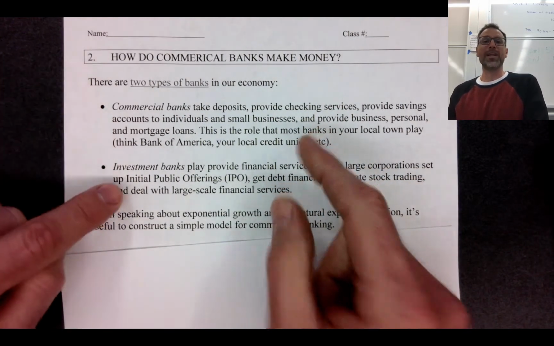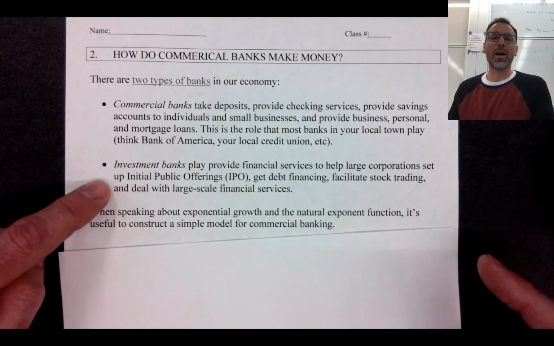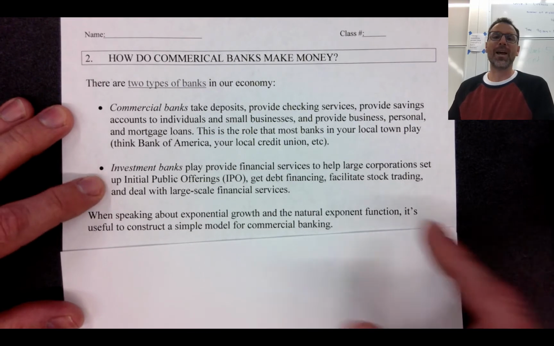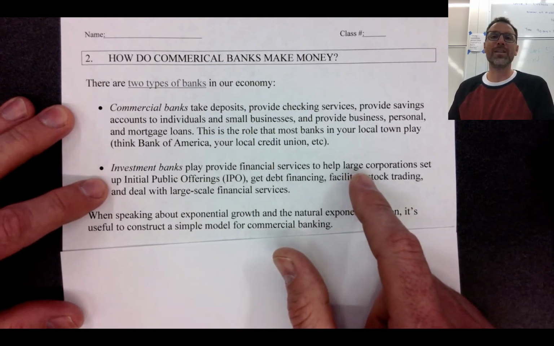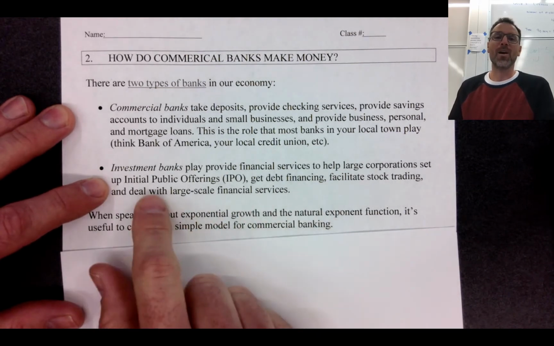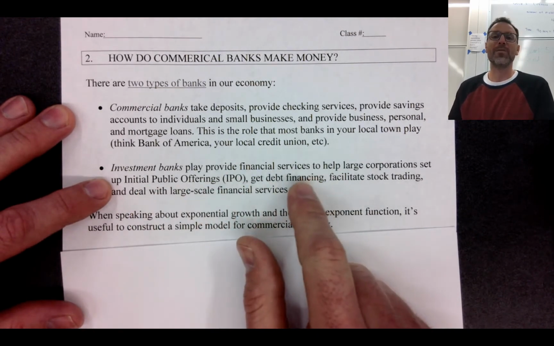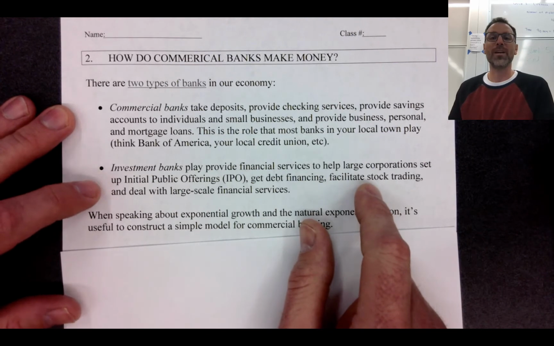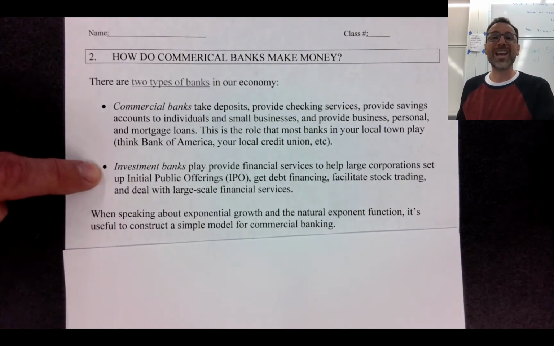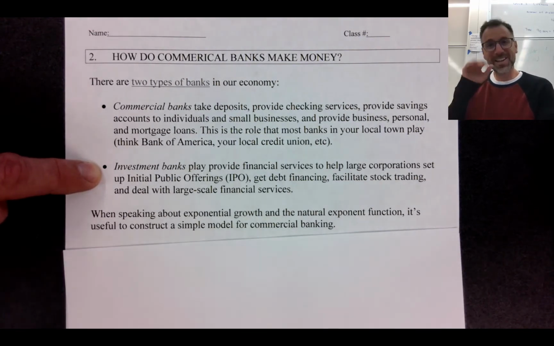Commercial banks are different than investment banks. Investment banks are large financial institutions that allow corporations to find either bond or stock financing. They offer initial public offerings, they allow debt financing, they facilitate trade, stock trading, etc. So you can think about this like Morgan Stanley, Goldman Sachs, what used to be Lehman Brothers.